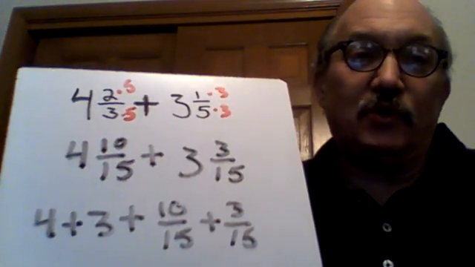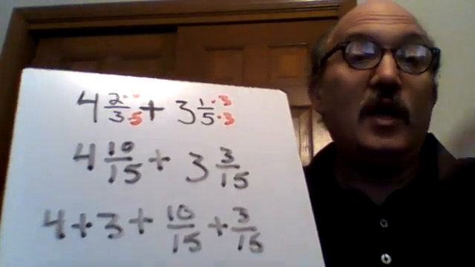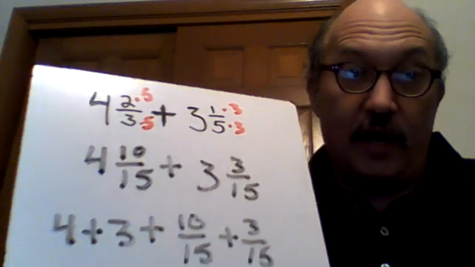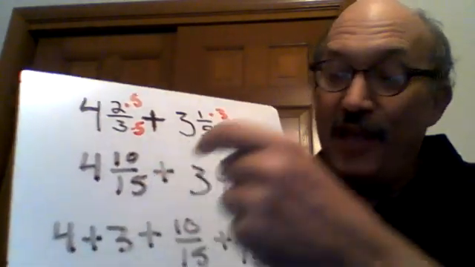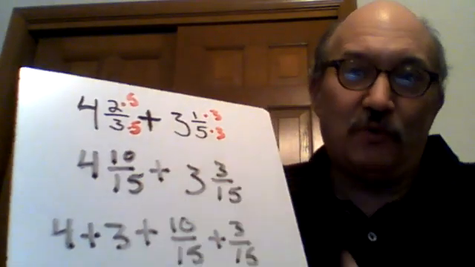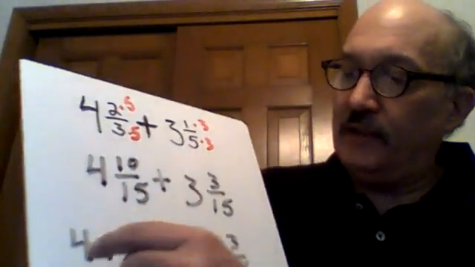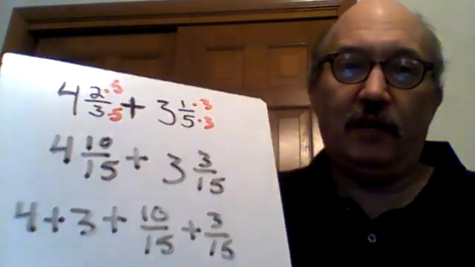You're sort of assuming it's okay, and it is okay to add the two whole numbers, add the two fractions, and then add those results. That is accomplished when you write them vertically, and it's legitimate. It's okay to do. So we get 7 and 13/15.